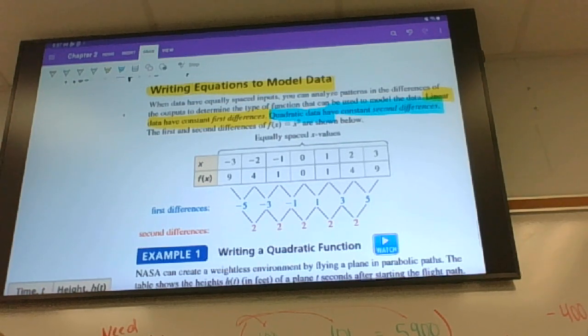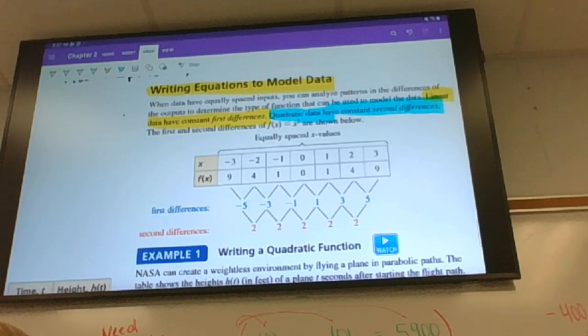There's not constant first differences. But there is a pattern that does emerge when you look at those numbers. When I go from -9 to -3, it went up 6. -3 to +3, up 6. 3 to 9, up 6. Those are called second differences. Any table that models second differences is a quadratic function.